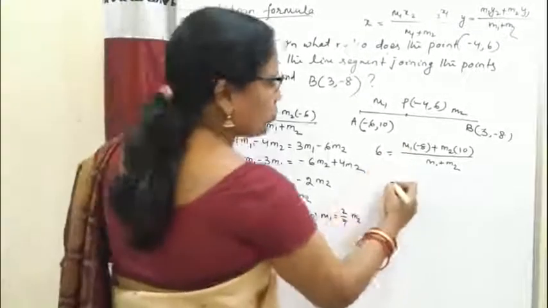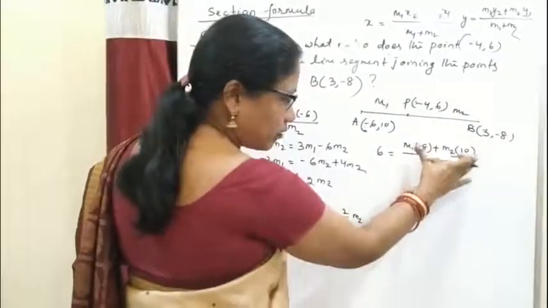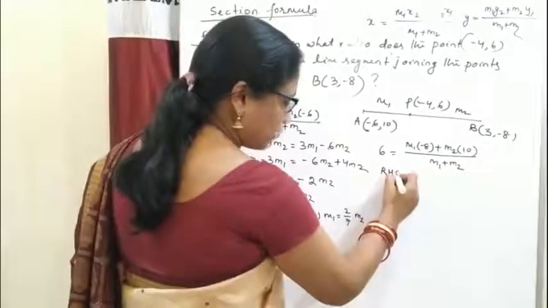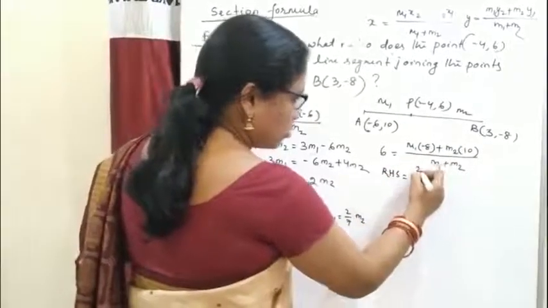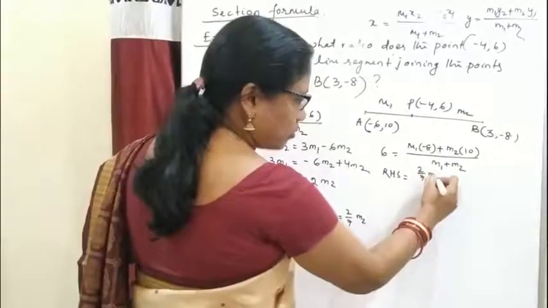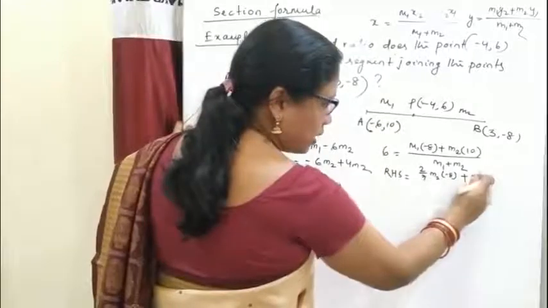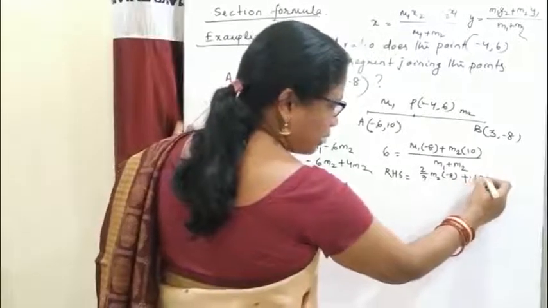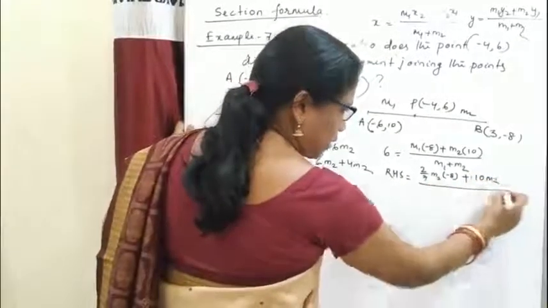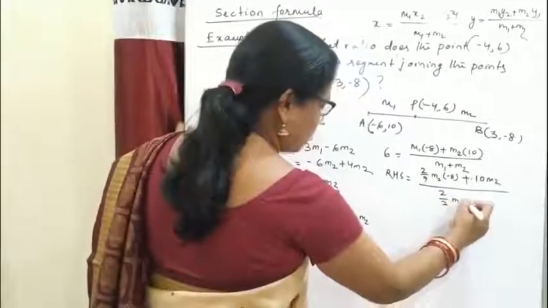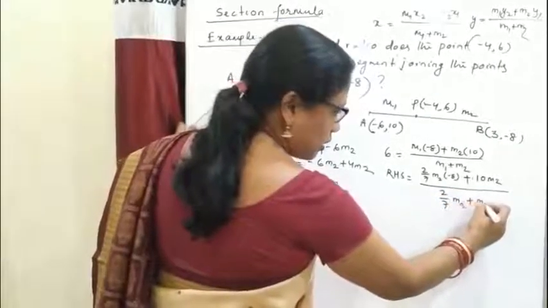We have to check whether we get 6 from the right side. So RHS is equal to 2/7 m2 multiplied with -8 plus 10 m2, divided by 2/7 m2 plus m2.